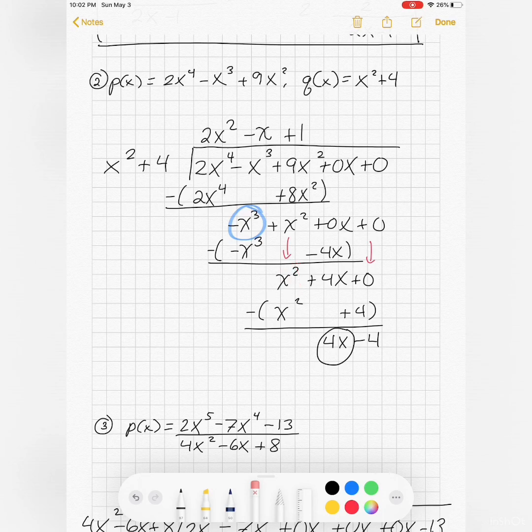Okay, I was just cleaning this up a bit. Okay, so then this is the remainder. This is the quotient.